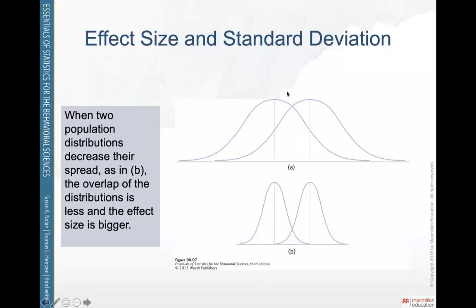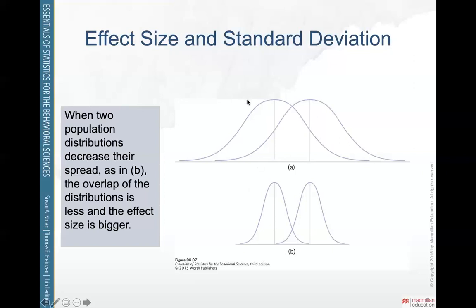And the thing you can tell is that these distributions up here are relatively wide, whereas the distributions below are relatively thin. And so these down here have a smaller standard deviation. That is, the standard deviation of the distributions down here is smaller. The standard deviation up here is relatively bigger.